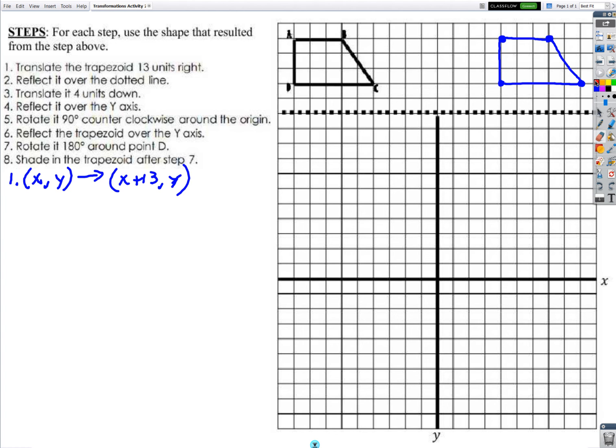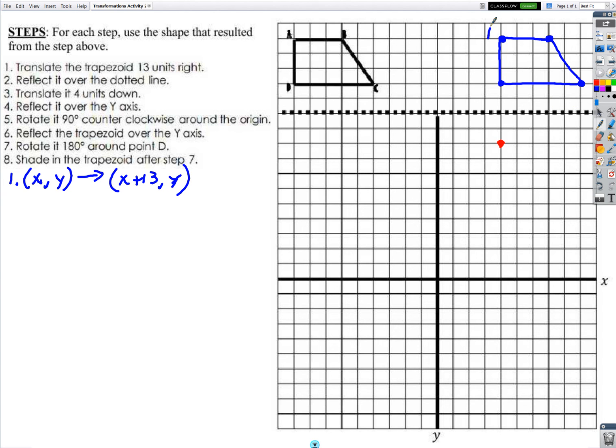So we won't worry about writing the rule, but let's at least know how to perform the reflection. This bottom point here, which is what D ended up becoming, how far is it away from the dotted line? 2 units. So let's put it 2 units below the dotted line.